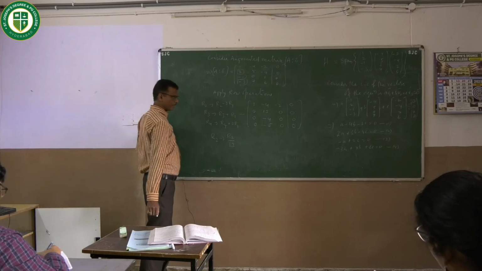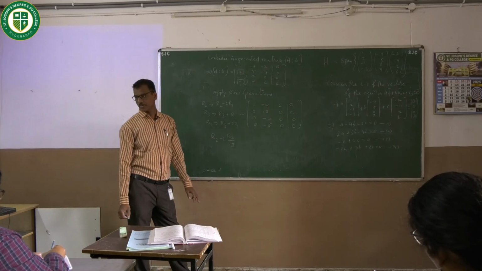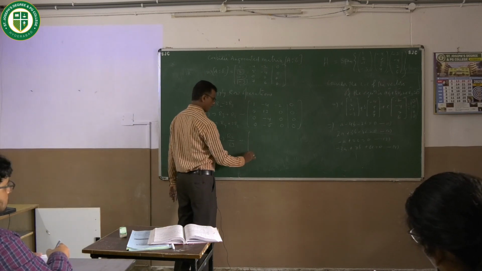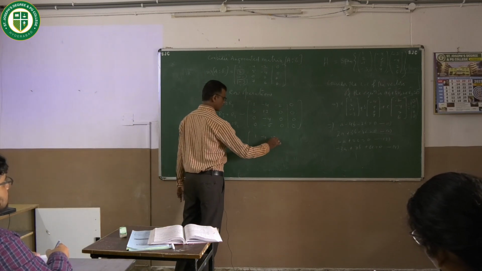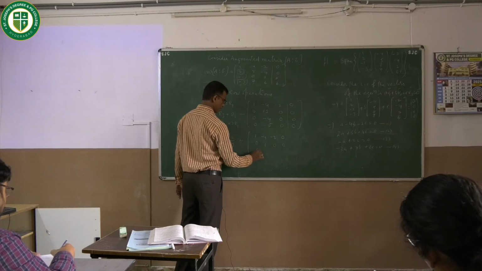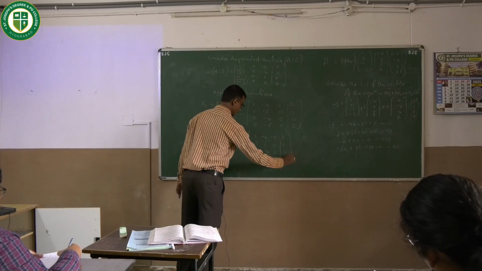Why? Because 13 divided by 13. Because the simplification is very easy. So now similarly write 1, minus 4, minus 2, 0; 0, 1, 0, 0; 0, minus 4, 0, 0; 0, minus 5, 0, 0. That's it.